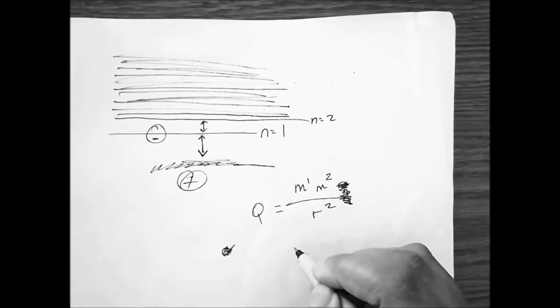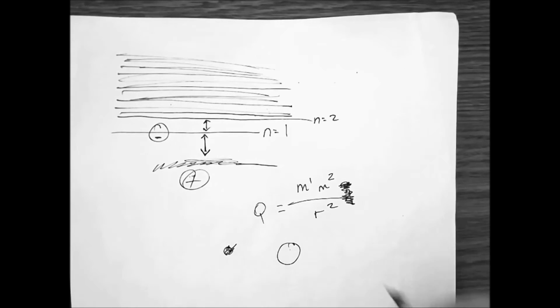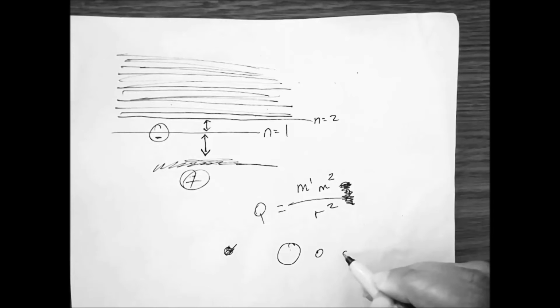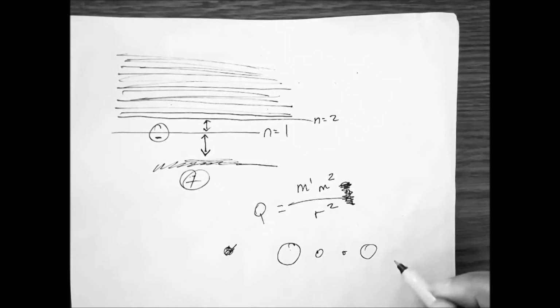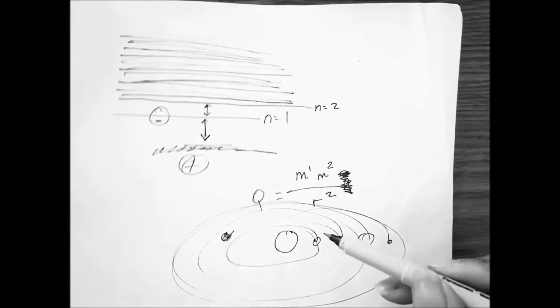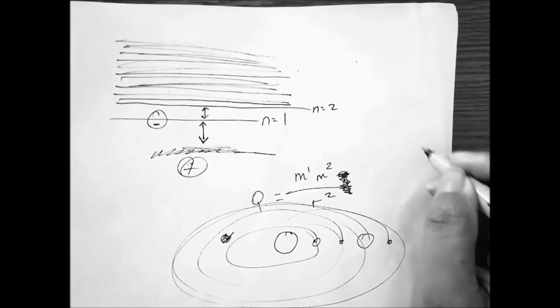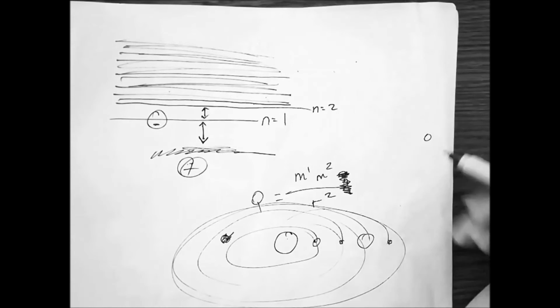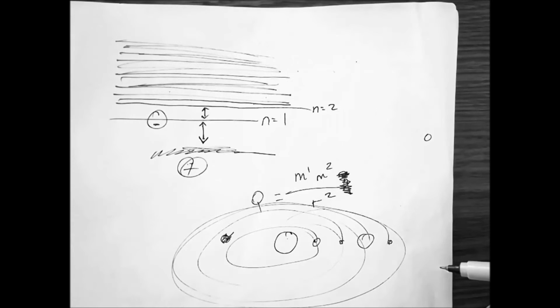Let's just think about the sun. You have planets that go around the sun. Why is this asteroid so far away not going around the sun?